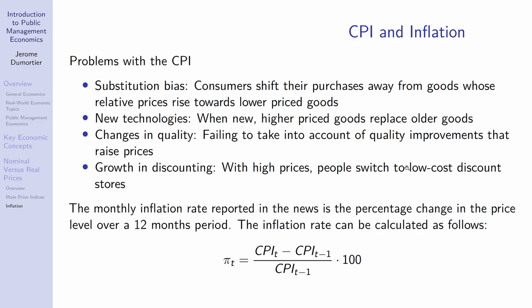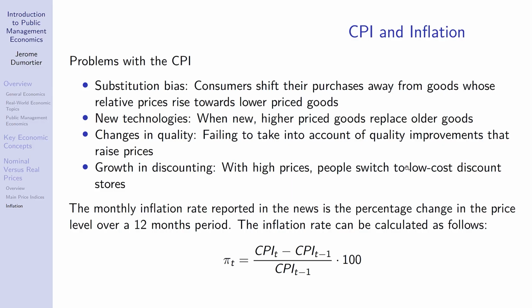We also have the issue of new technology, in the sense that new technology enters the market and is usually higher priced and replaces older goods that are lower priced. There are also changes in quality, in the sense that new products are usually of better quality or have different amenities, and failing to take into account those quality improvements has an effect on the true cost of living.